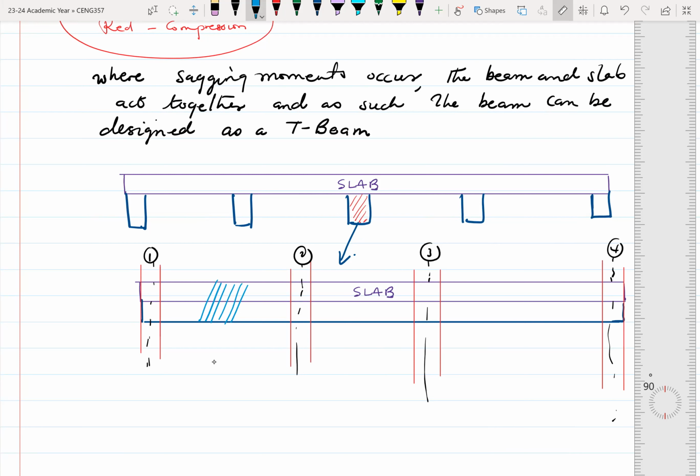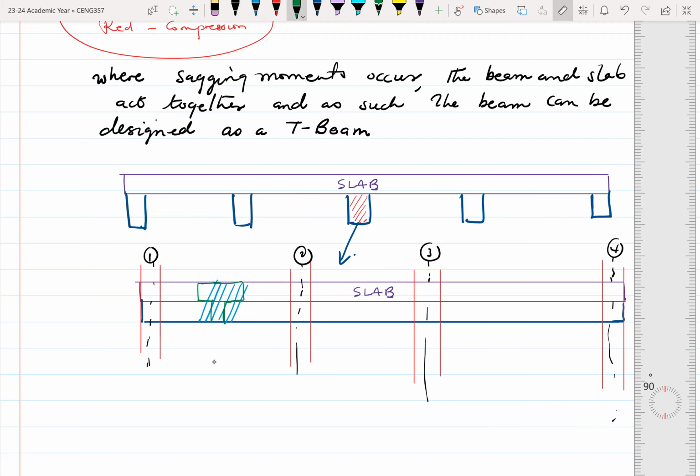Because the bottom part is in tension and the top section is in compression, we want to take advantage of the compressive strength of concrete in compression. So we would design this section here as a T-beam.